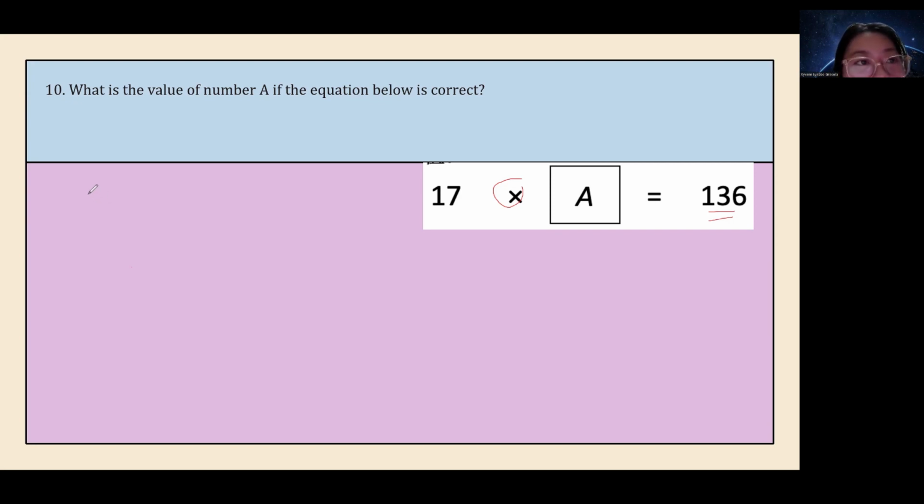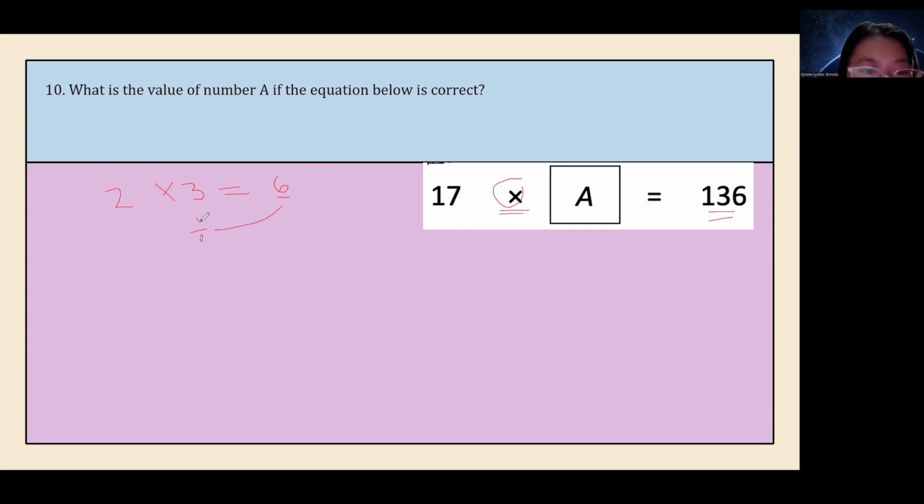To work backwards, we need to use an operation that is the counterpart of the operation that we're using. So for multiplication, we always do division to work backwards. For example, if we have 2 times 3 equals 6, then to work backwards, we have to divide 6 by 2.